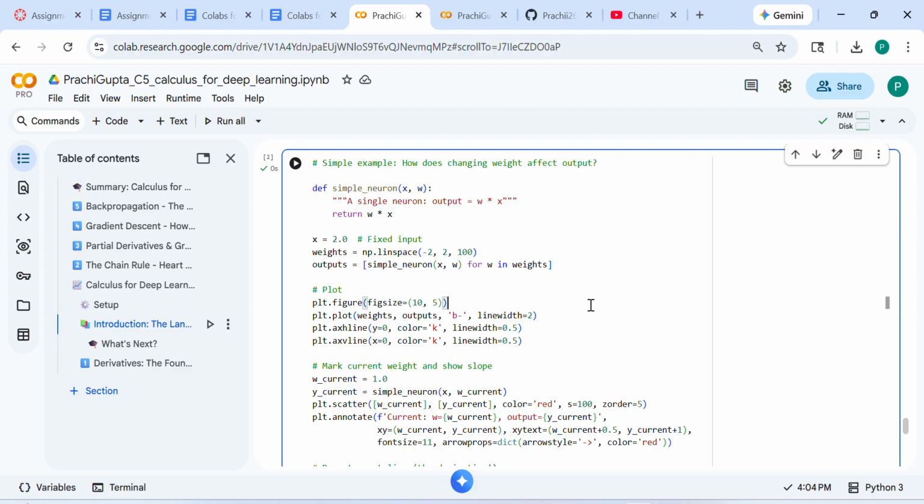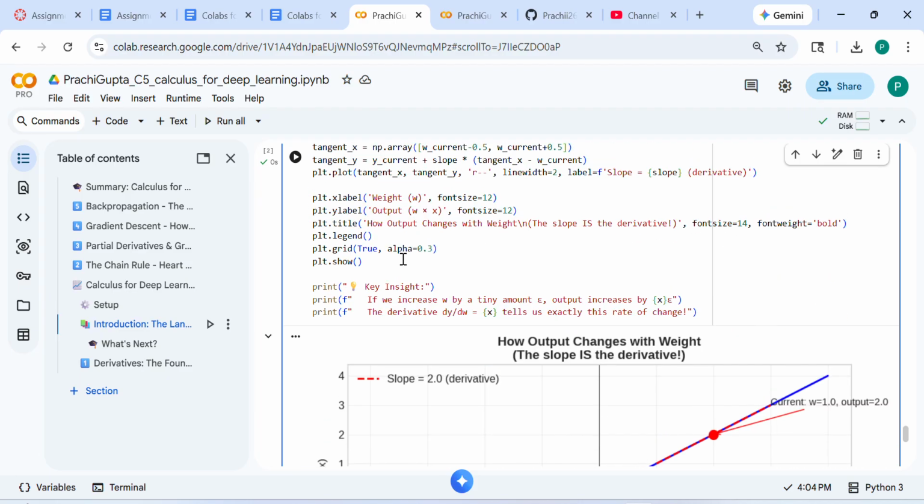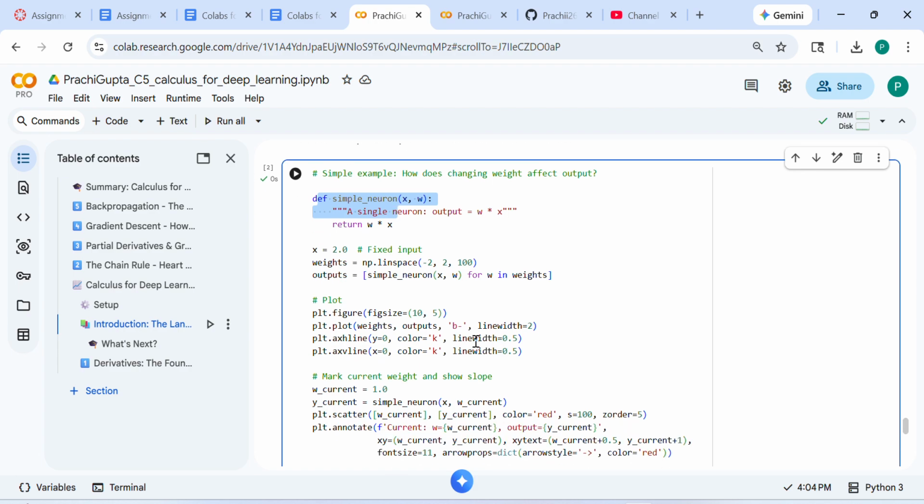In this cell, we define a simple neuron function with x and w as inputs, where we return the multiplication of x and w. Basically, to model the simplest neuron, a linear unit, we have defined this function, and then we sweep the weights with w values and compute the outputs to show how the output changes with the weight.